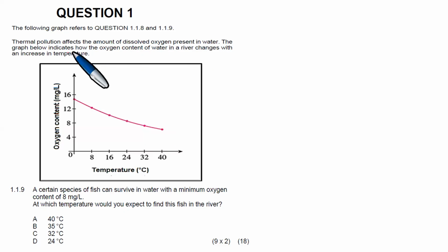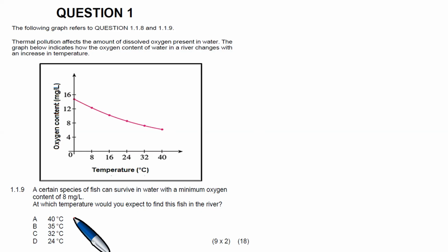A certain species of fish can survive in water because we're looking at how the fish and the organisms live under these conditions when the temperatures are so high or so low. A certain species of fish can survive in water with a minimum oxygen content of 8 milligrams per liter. At which temperature would you expect to find these fish in the river?